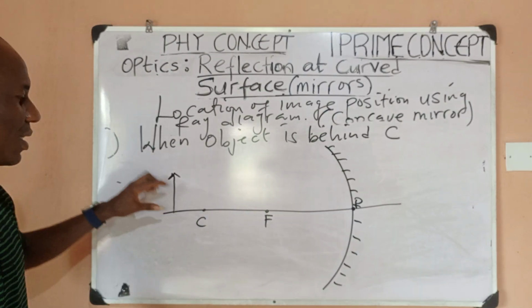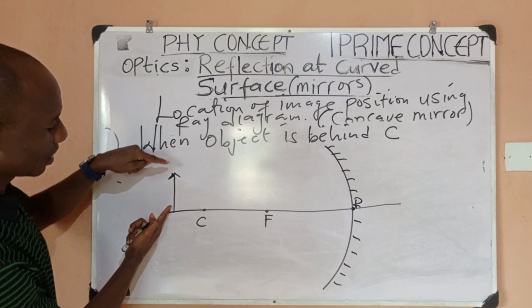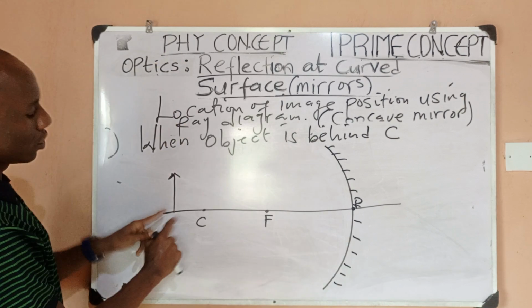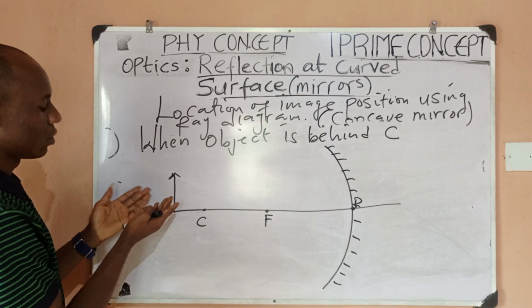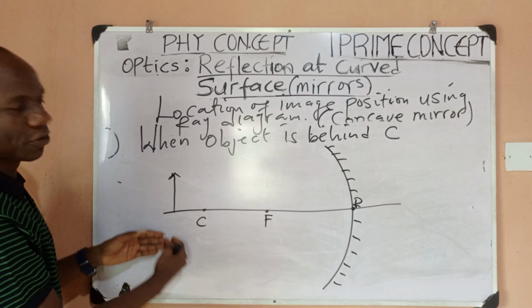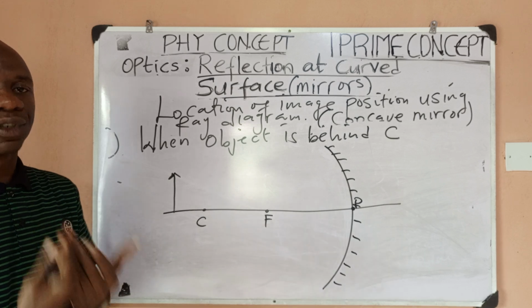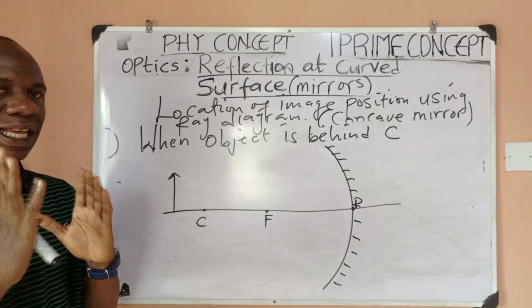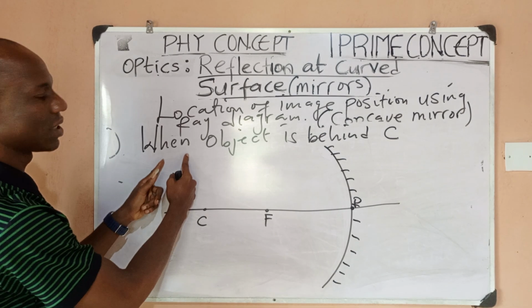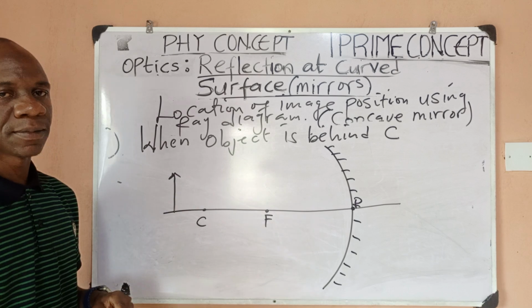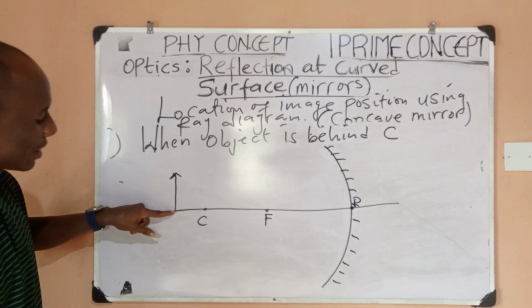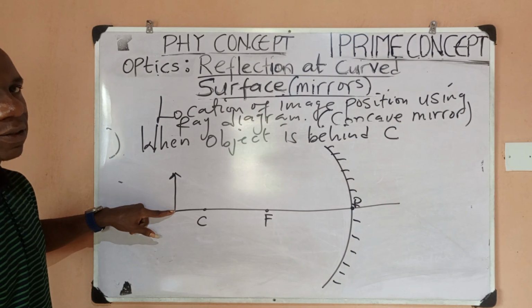Now, we always indicate an object using straight lines above. We don't draw objects facing down. We draw them facing up. Even though if you draw facing down, it won't be wrong, but you confuse yourself. So the standard is you draw an object facing up with an arrow like this, right? And you let it start from your principal axis.